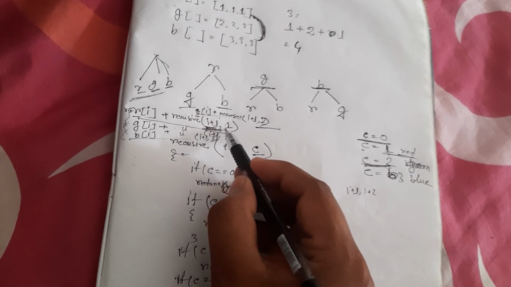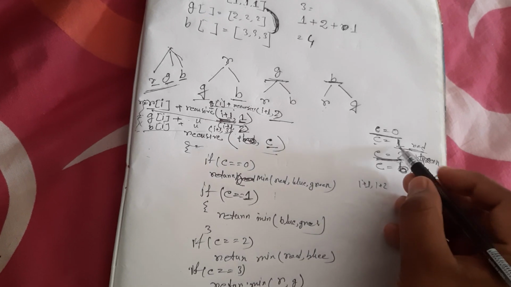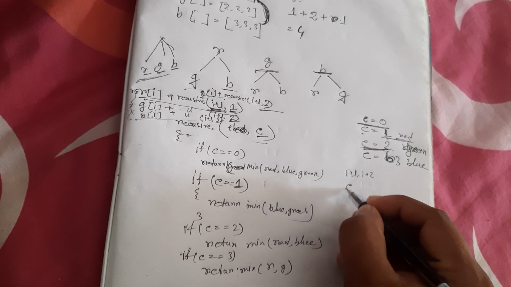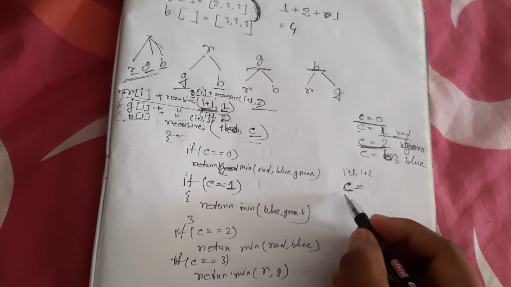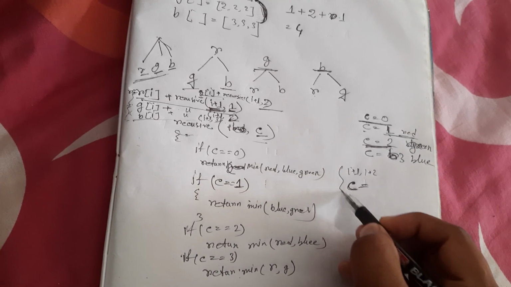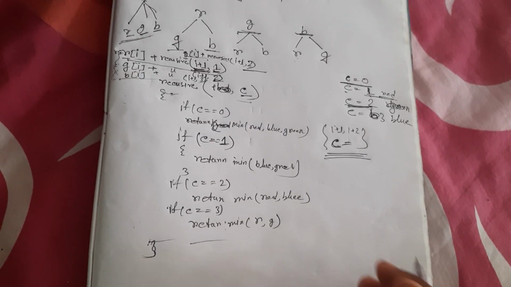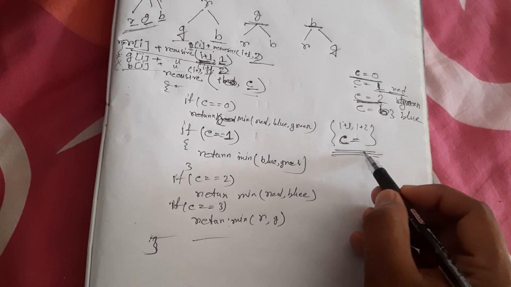You can see that the C value, whether we are choosing green or red or blue, is changing. So you can consider that the value C is also changing. You need to write down the DP solution with these two changing variables.